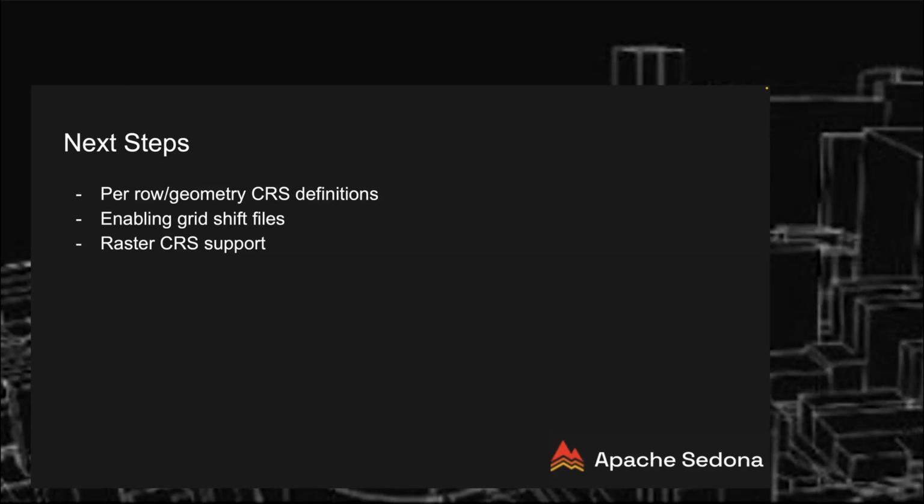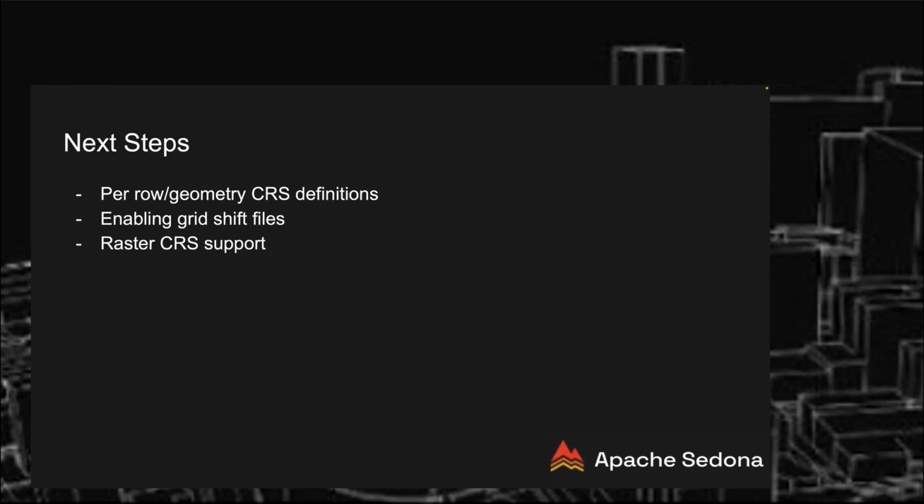So what is next? Currently, the CRS definitions are sitting on the entire column, and we are going to move that towards row-by-row definitions. Furthermore, we'd like to support grid shift files like NADCON and NTV2.